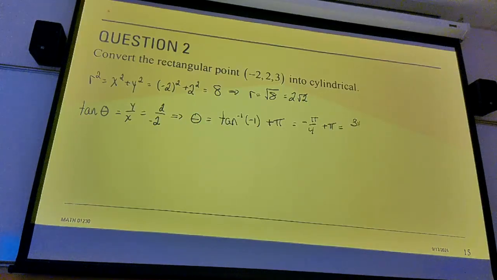And geometrically, here's why. That's the angle the inverse tangent gives us. That's the angle we want.